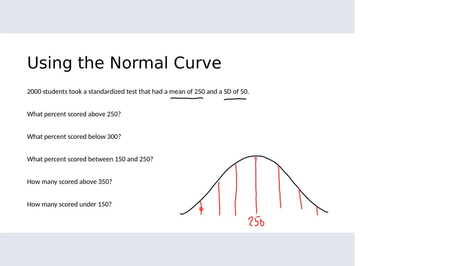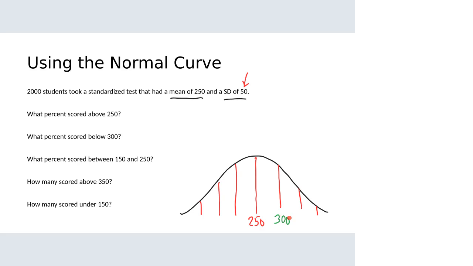I'll do the first one and then I'm going to ask you to help me out. So here I'm at the mean of 250. This is 1 standard deviation above the mean. Since the standard deviation is 50, that means this spot right here is 50 higher than whatever the mean was. So that's going to be 300.